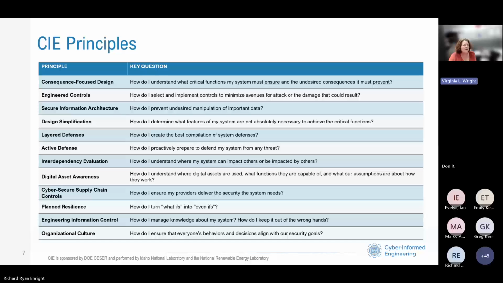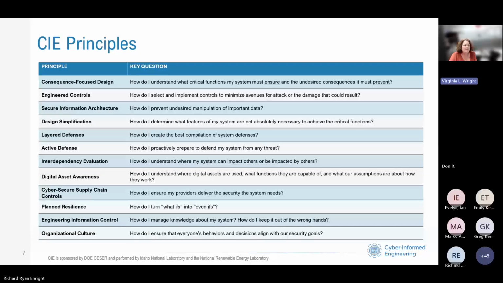When thinking about consequence-focused design, rather than considering vulnerabilities, system designers think about what would be the worst consequences of a cyber attack. Leveraged with that information, they then start to think about engineered controls and how they could leverage specific controls, whether digital or analog, to prevent the impact, that manifestation of a cyber attack that would be most consequential for a system.